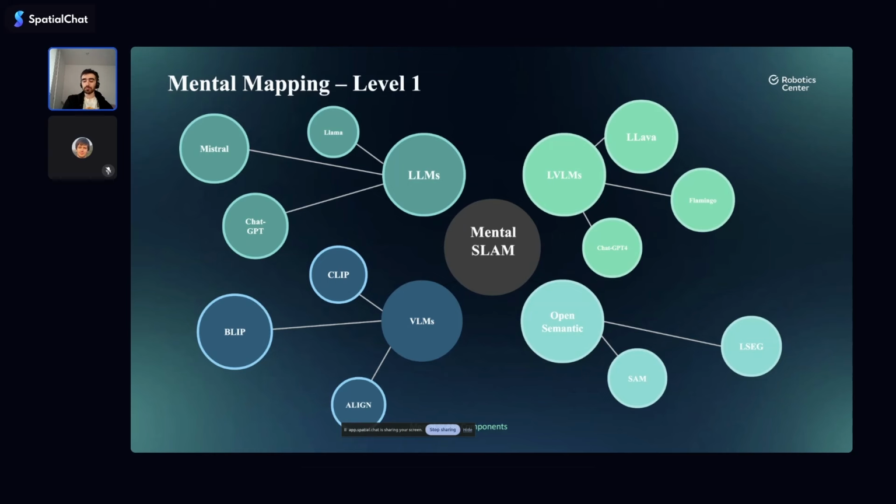In mental SLAM, to provide the metadata for each node, we use VLMs like CLIP, a large language model to also process the text requests, and some open semantic segmentation models.